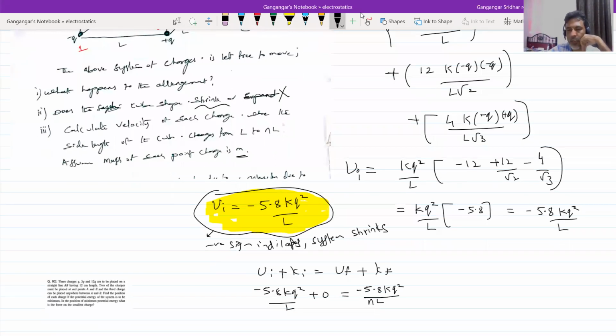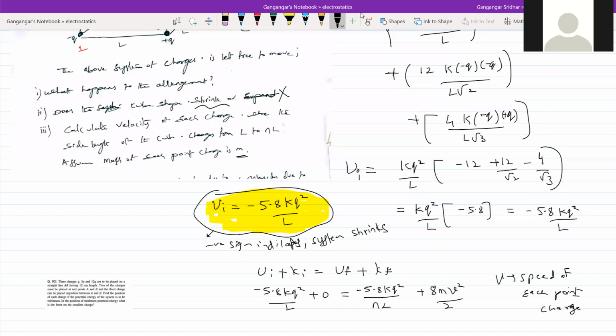Because the side length of the cube will shrink from L to NL, plus 8 m v square by 2. What is v? The speed of each point charge. Okay, so in a simplified way, we are concluding this particular problem.